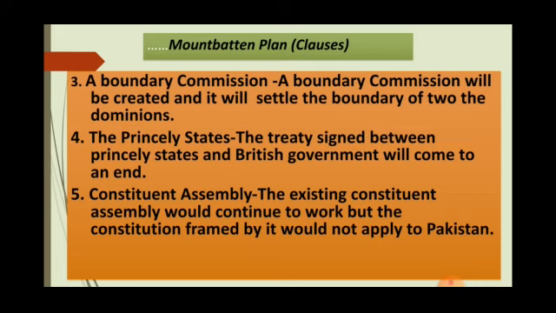The princely states were given another option. They were given the choice to be associated with either India or Pakistan, or they can remain as an independent state or province.